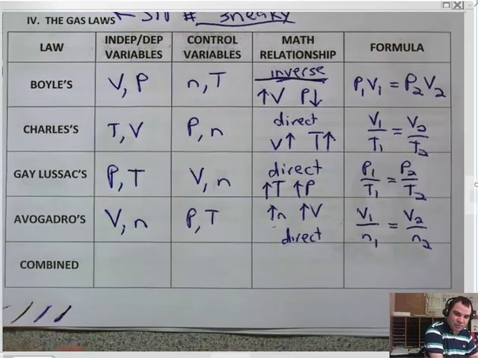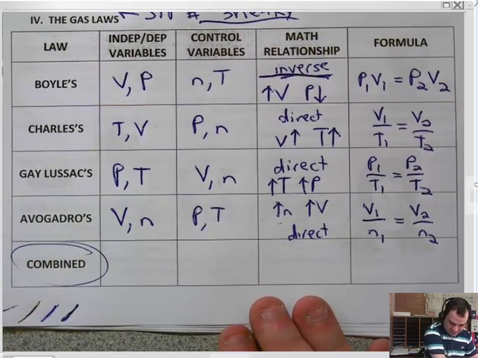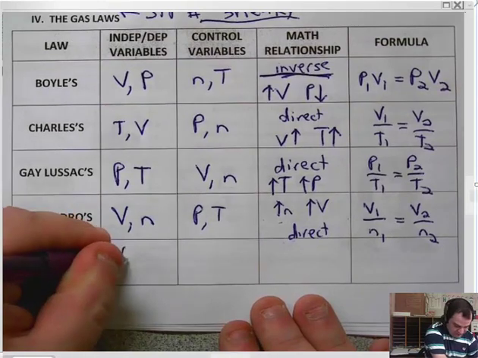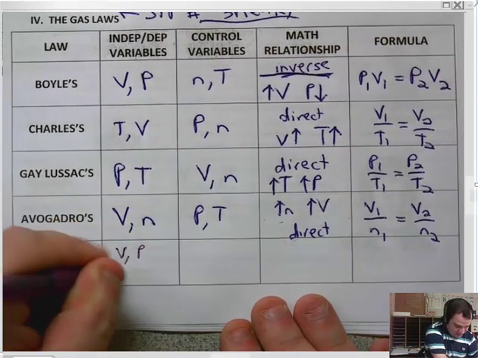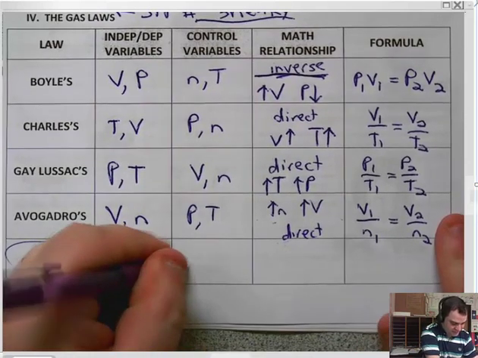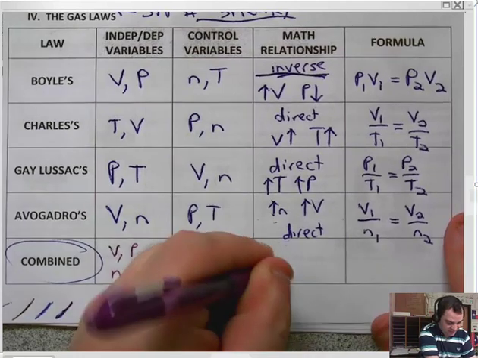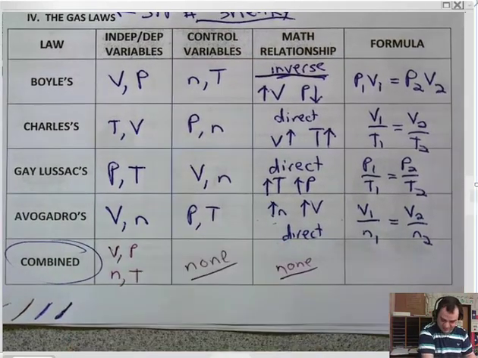And then, this is the one I use most of the time here actually. It's the combined gas law, where you use P's, V's, N's, and T's. So there's nothing controlled. And you can't do a relationship for this one either. But the big thing here is the equation.